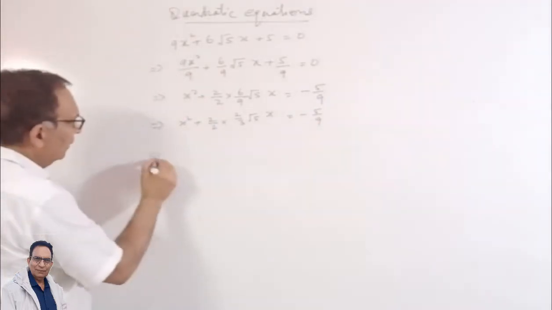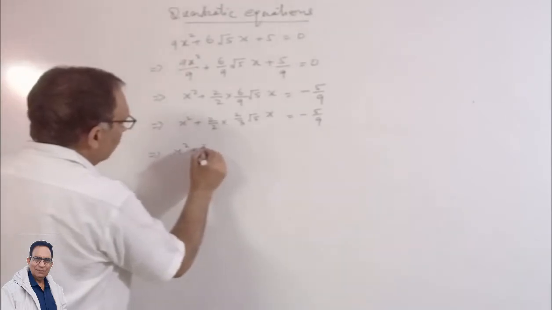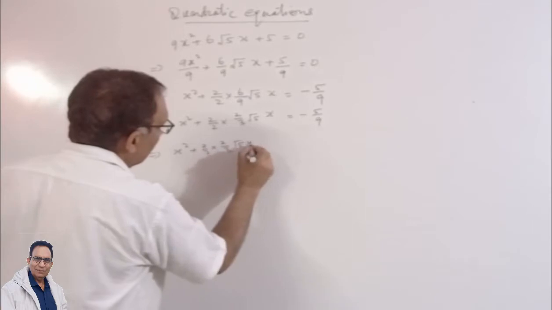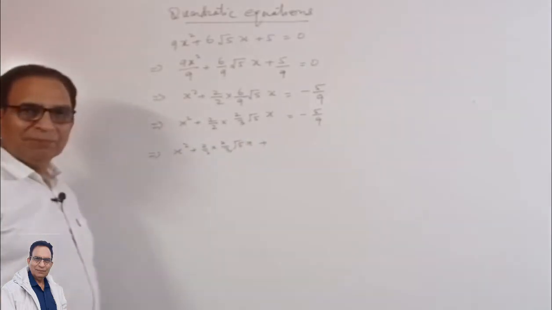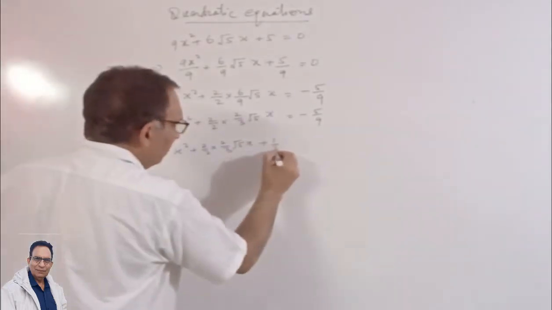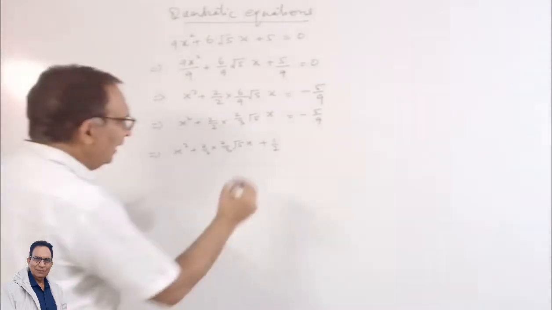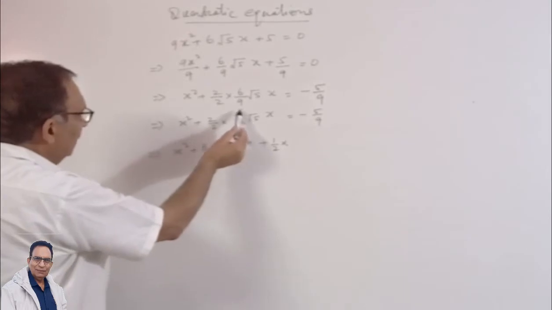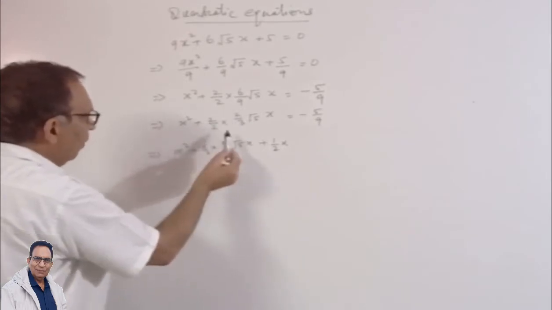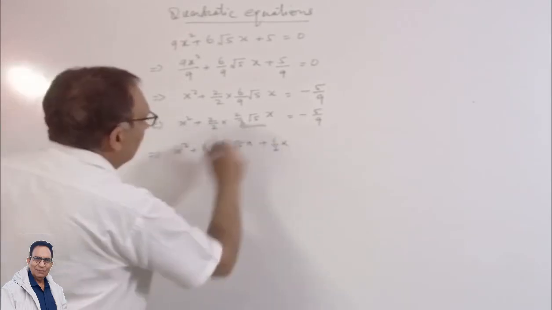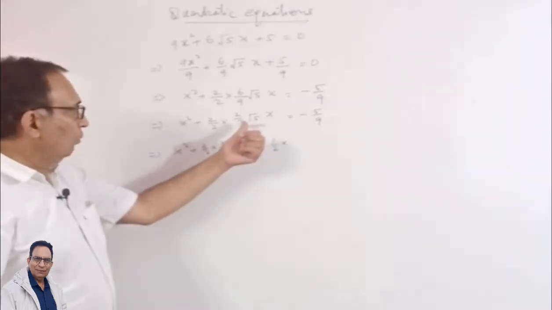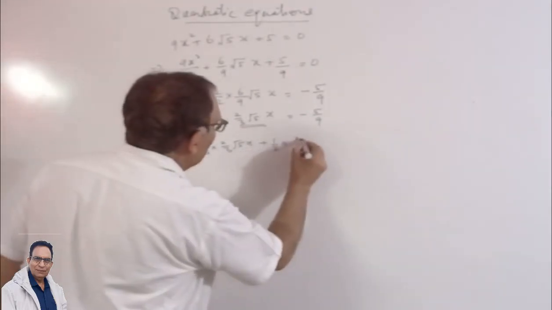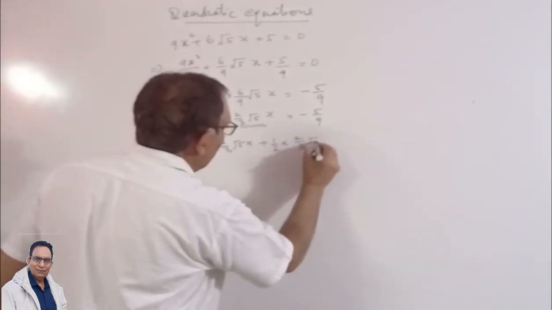Going further, x square plus 2 over 2, 2 over 3 radical 5 x plus, what you do, write half before you do anything else, into, see this coefficient of this one, how much it is coming? The coefficient of x is what? 2 over 3 radical 5. So I write 2 over 3 radical 5.